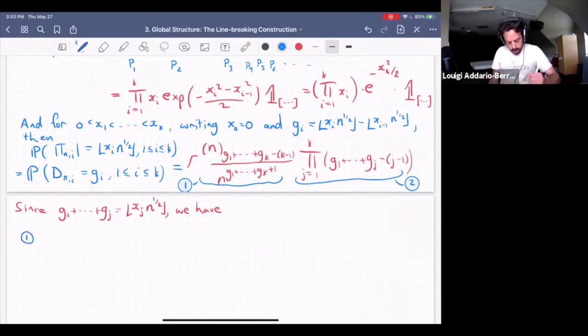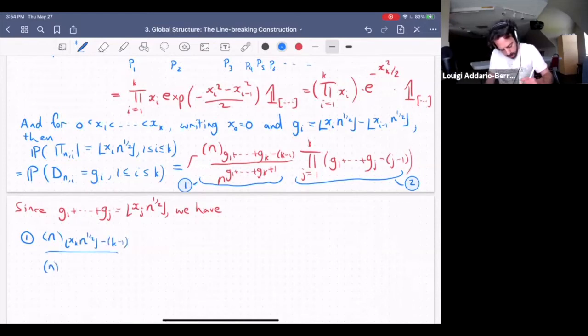So the first thing is we have n falling factorial xk n to the half minus k minus 1, divided by just n to the xk n to the half plus 1.